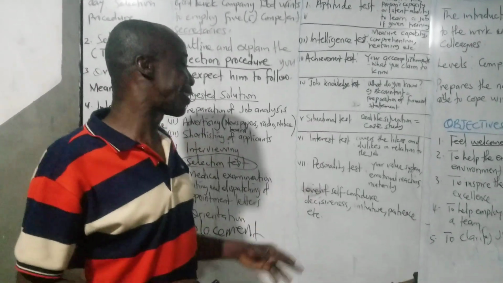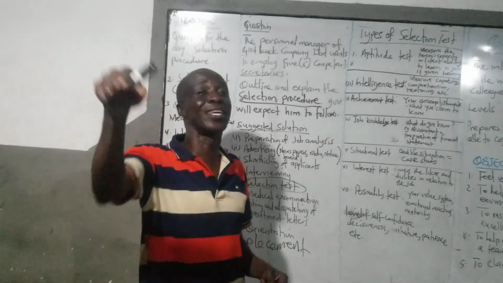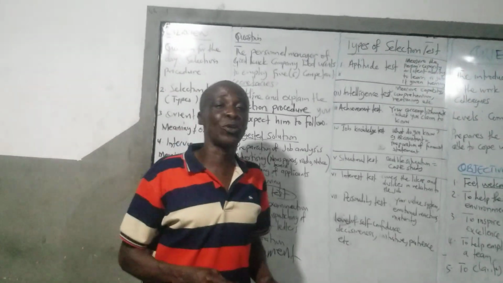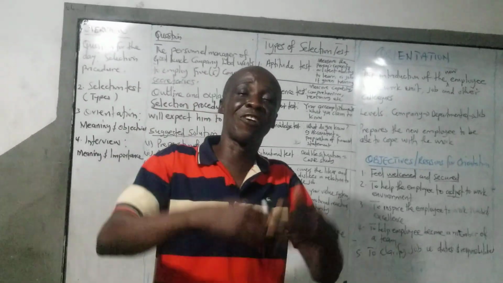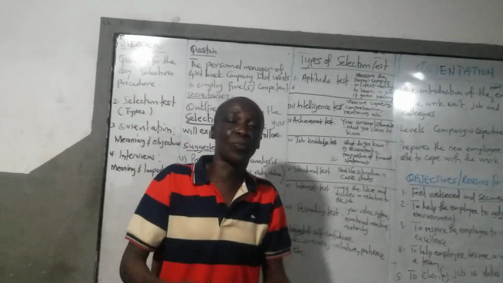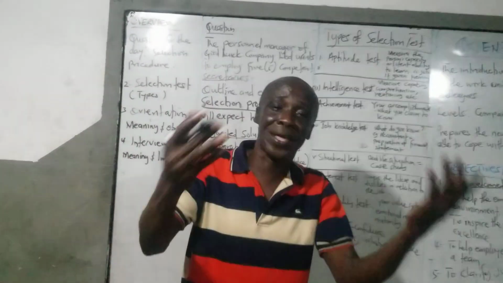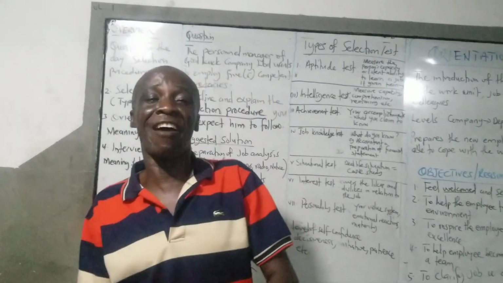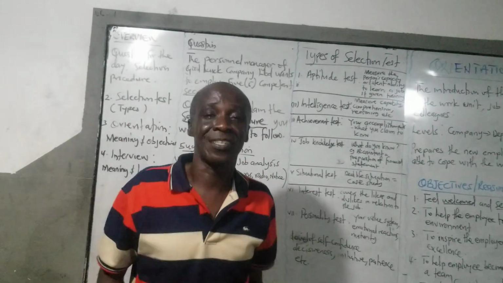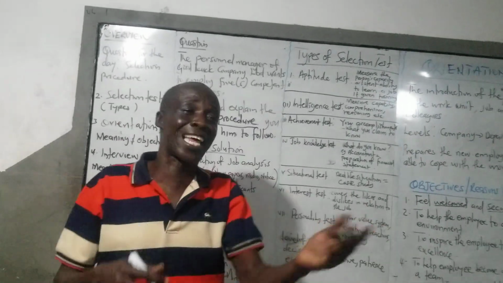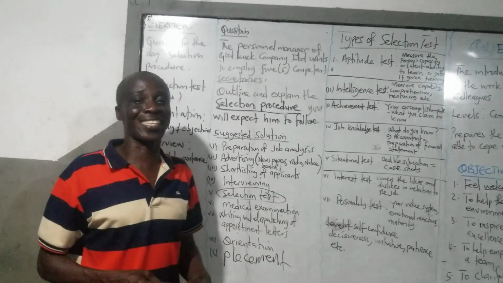So that is that. The next one is the interest test, your interest. They will be looking at your likes and your dislikes in respect of the job you have applied for. You may look at your hobbies and how they are related to the job, your recreations and how they are related to the job. So there may be interest tests.